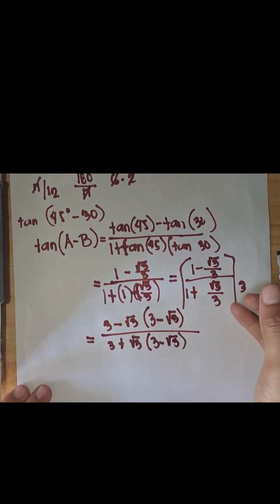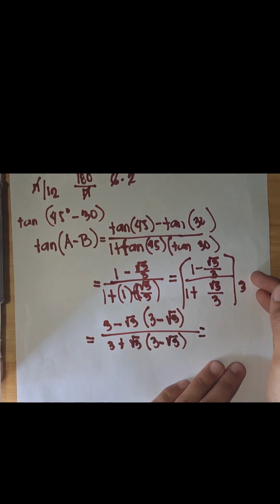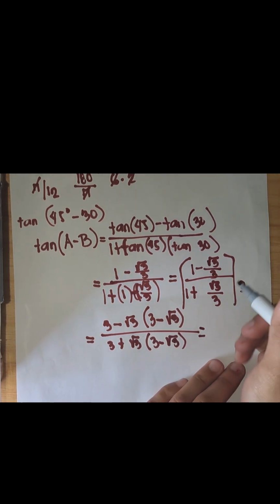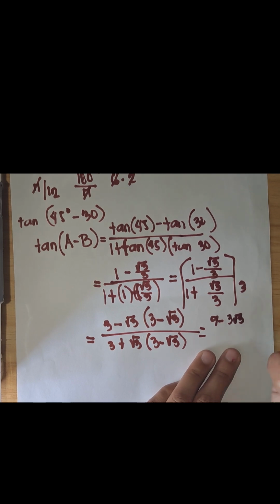Then the next one is to use the FOIL method. First, 3 times 3 is 9. Next, 3 times negative root 3 is negative 3 root 3. Then the negative root 3 times 3.